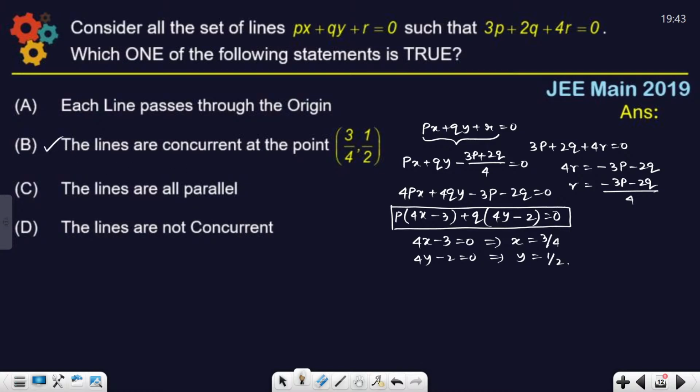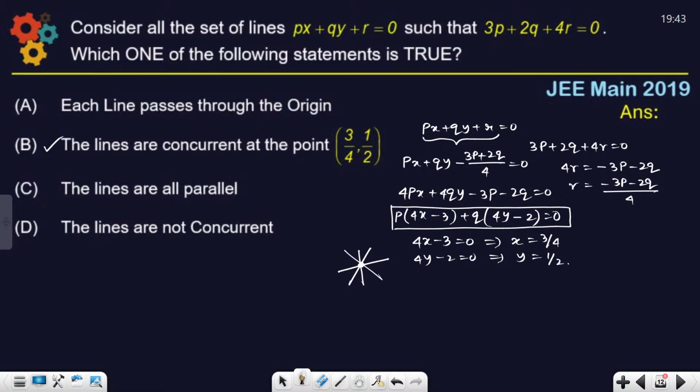You know what is the meaning of concurrent? Lines will be concurrent means that all the lines are passing through a fixed point, only one point. Then we'll say that all those lines are concurrent. These are all concurrent lines because all these lines are passing through a fixed point, this point.